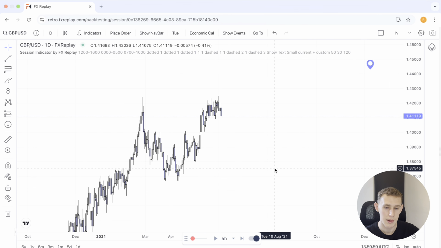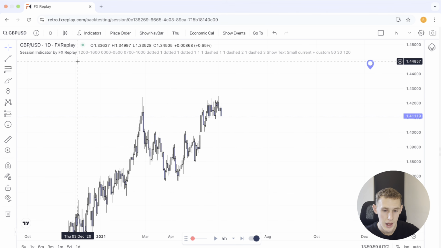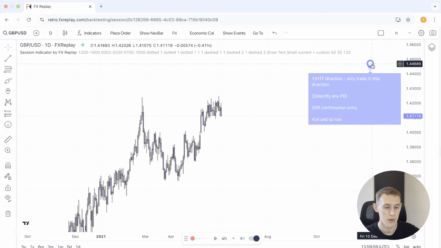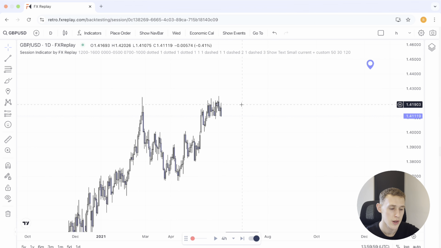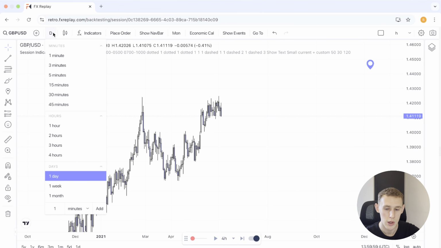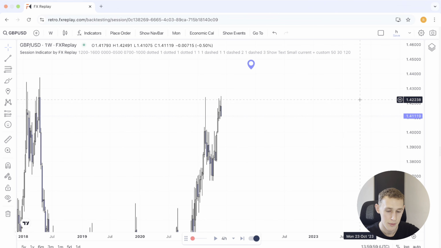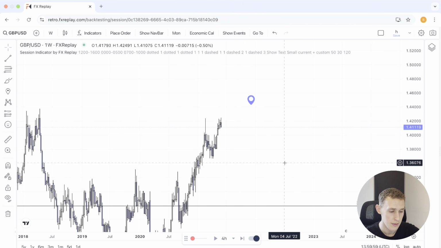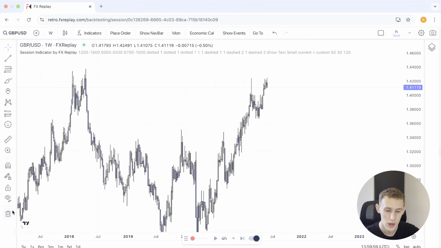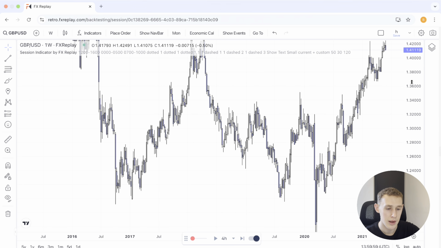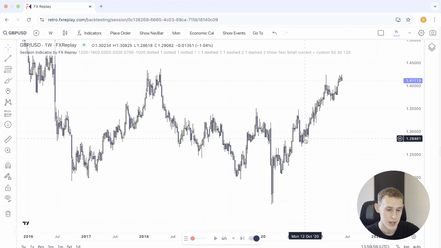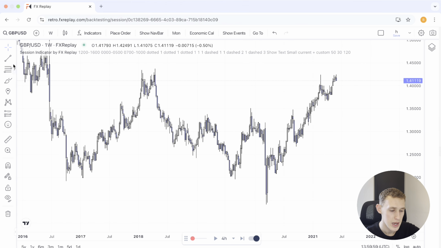All right, guys, so step one, a higher time frame direction. Where is price overall heading? What is the overall direction at this point in time? So if we look out to the weekly time frame and start from the very beginning, what we were looking at last time is the fact that we had this weekly breaker structure right here.